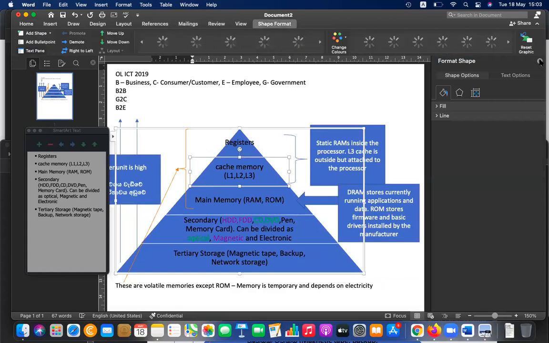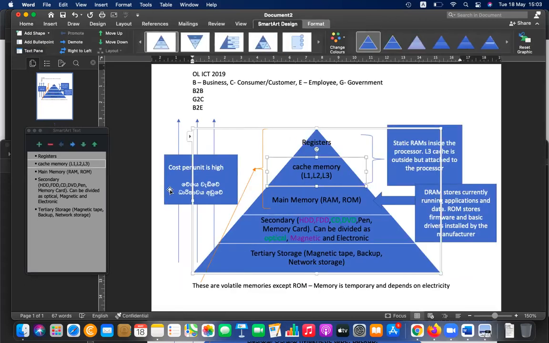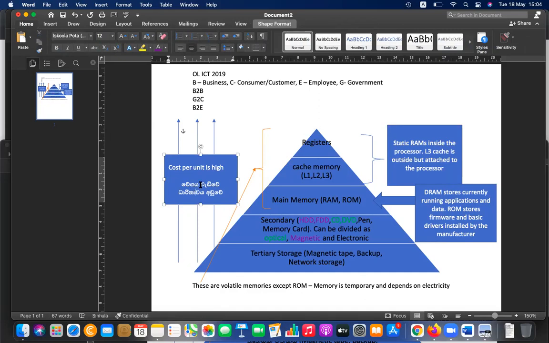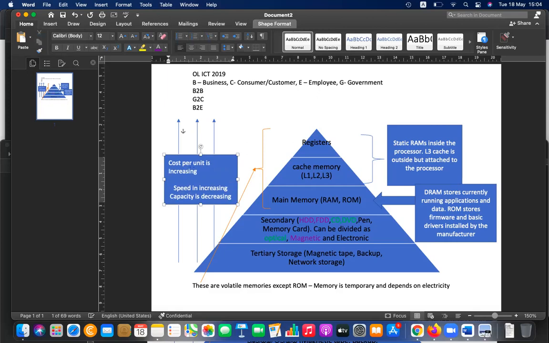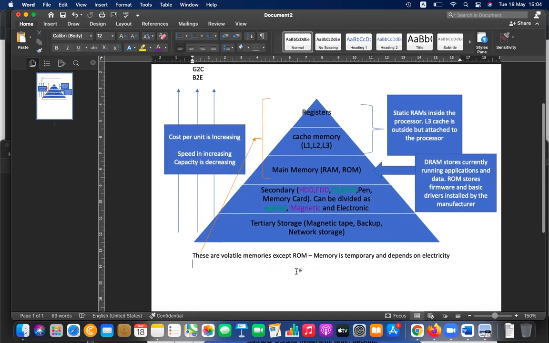When you move up, speed is also getting high, but capacity is decreasing. Cost per unit is increasing and speed is increasing, but capacity is decreasing.